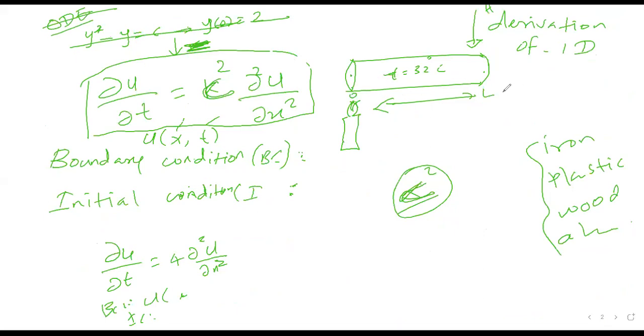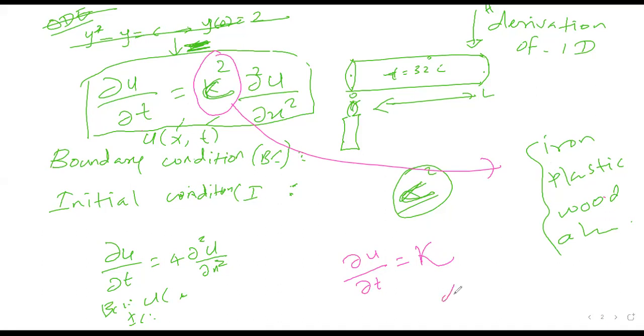The equation is ∂u/∂t equal to c squared ∂²u/∂x². The constant depends on which material is used. It doesn't matter; sometimes books use k or kappa, or alpha squared. Here I am using c squared.